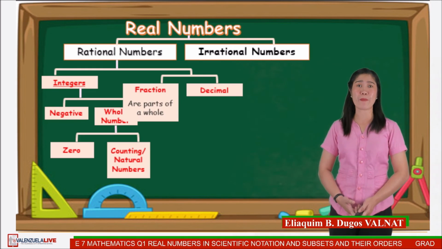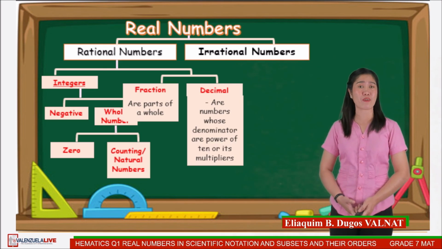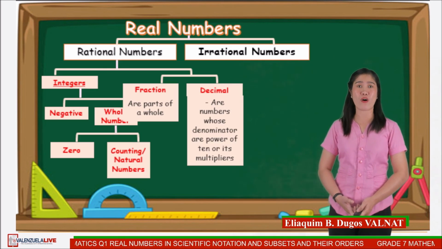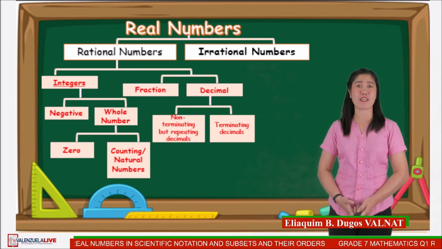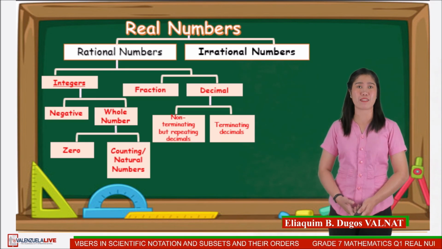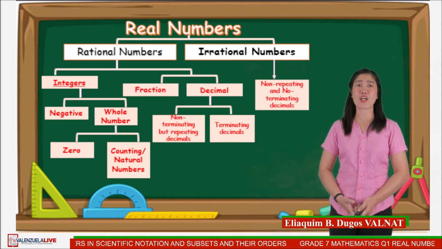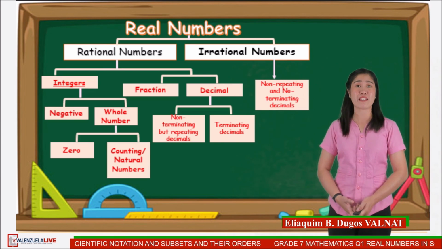Fractions are part of a whole, and decimals are numbers whose denominators are powers of 10 or its multiples. For decimals, we have two types, the non-terminating and repeating decimals and terminating decimals. Under irrational numbers, we have non-repeating and non-terminating decimals.